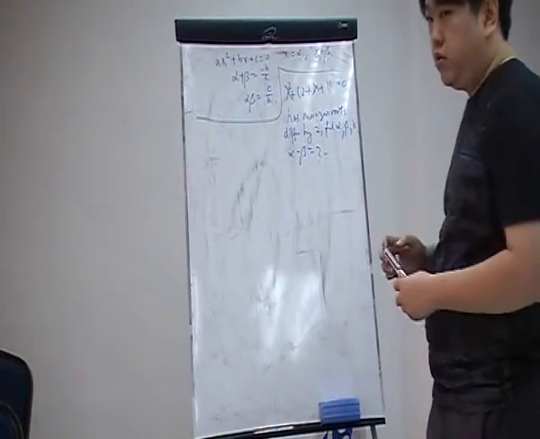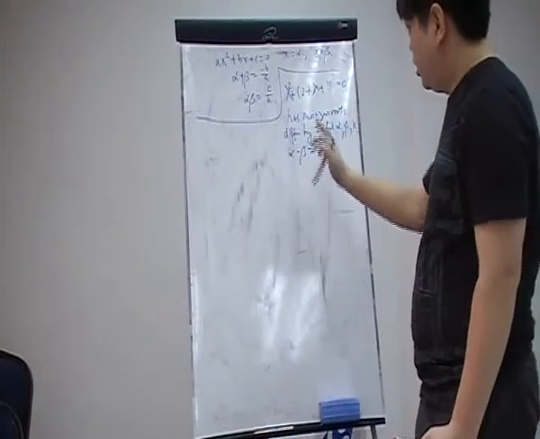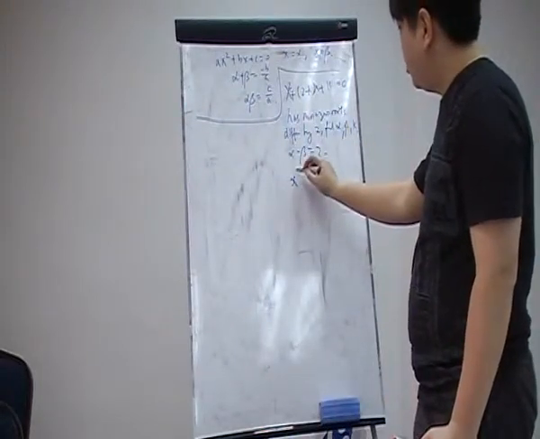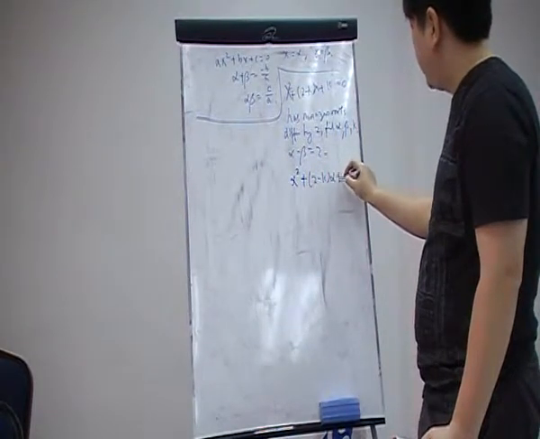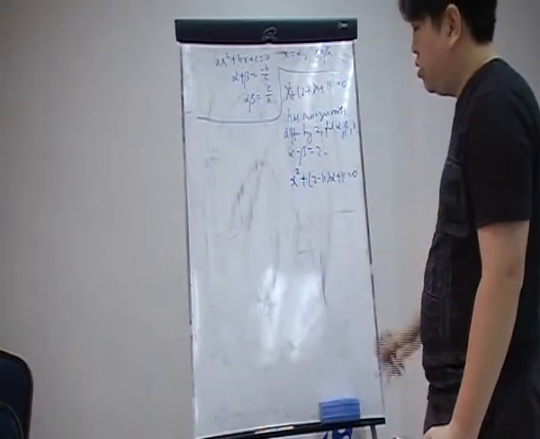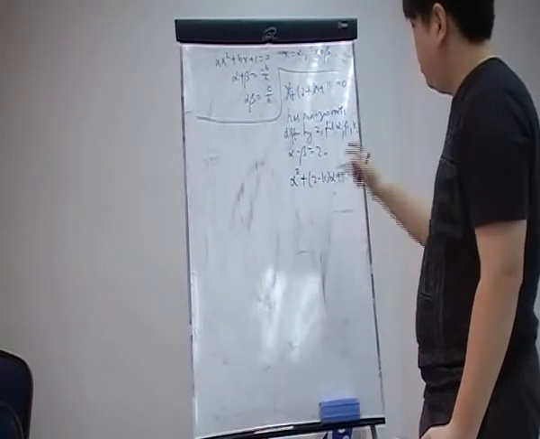Okay, so remember this is not quadratic. If alpha is a root, alpha squared plus (2 minus k) alpha plus k needs to equal 0.